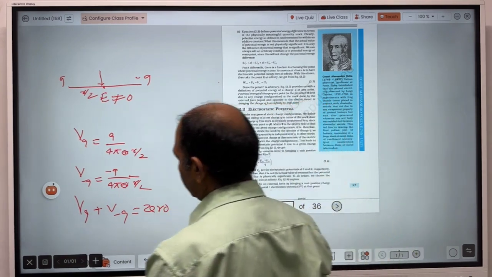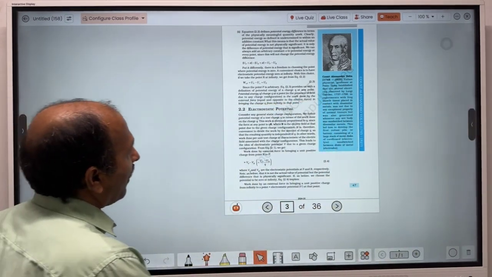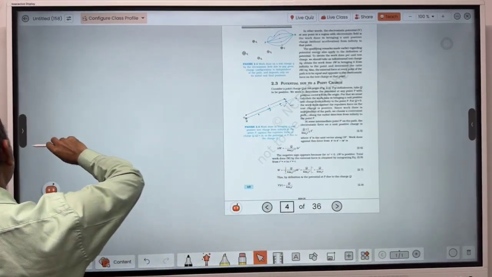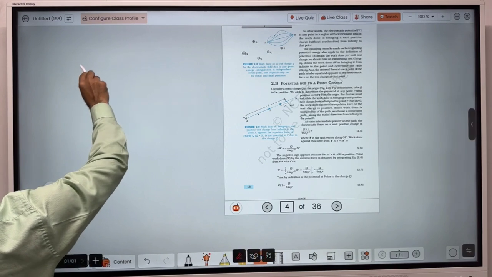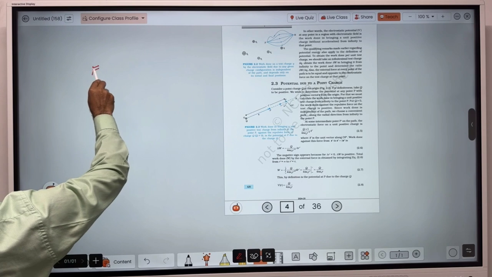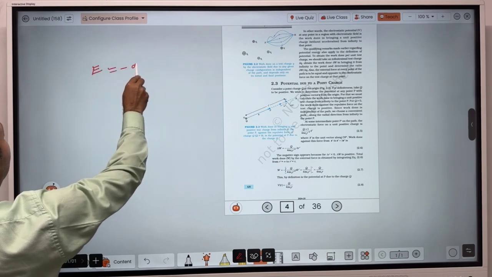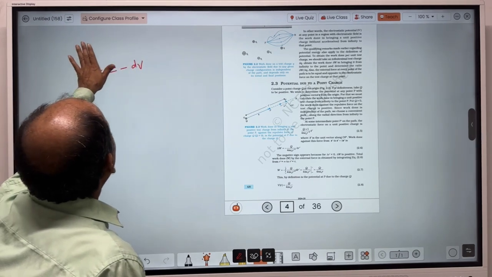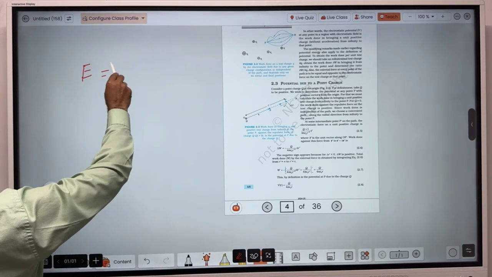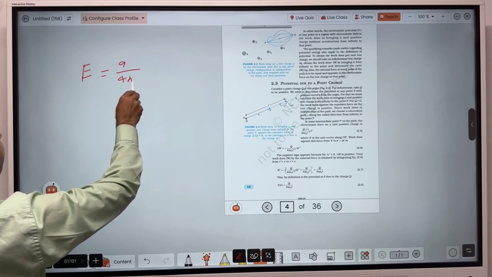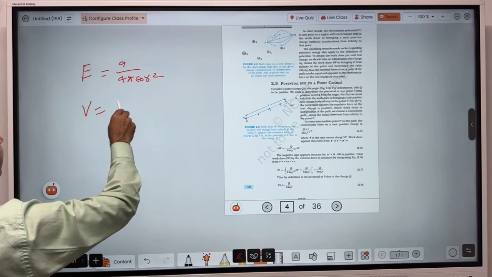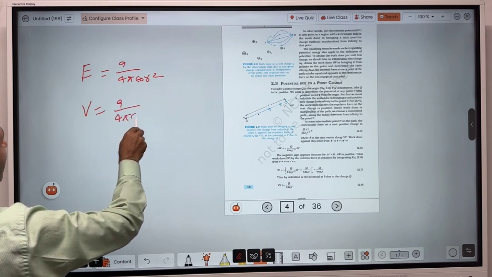You have to keep this point in mind, because potential is a scalar quantity. Now, electric field can also be written as the negative gradient of potential: E equal to minus dV upon dr. We have studied earlier at basic level that E equal to Q upon 4 pi epsilon naught r square and V equal to Q upon 4 pi epsilon naught r.